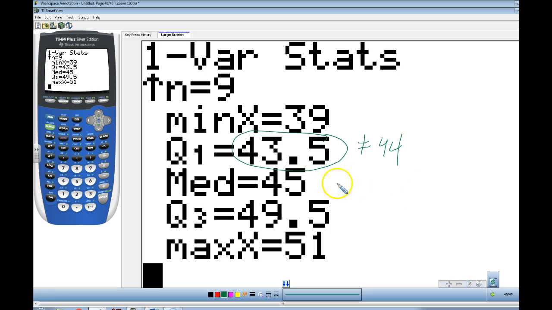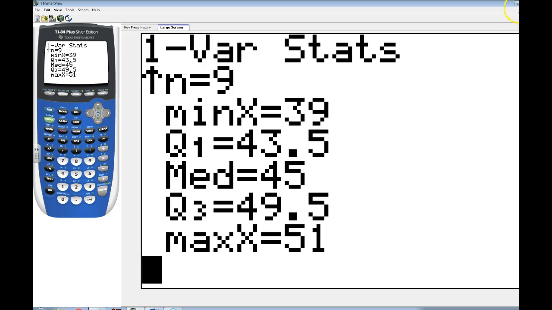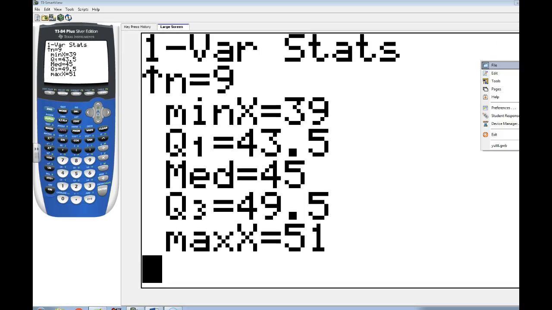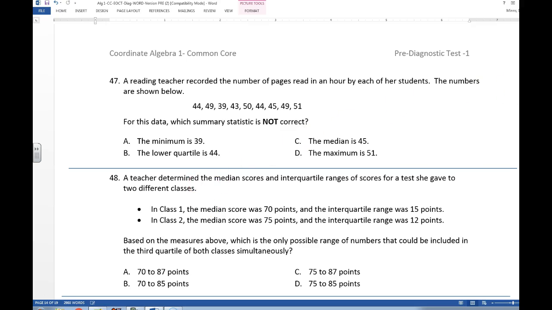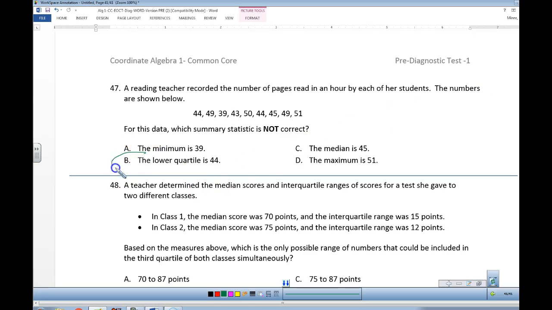The median is 45. There it is, Med 45. Maximum of 51. So these three check out. B does not check out. So B is the right answer.